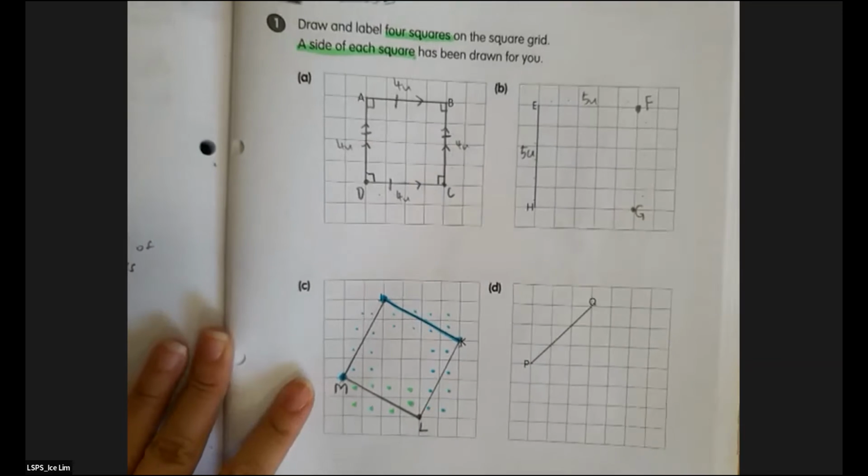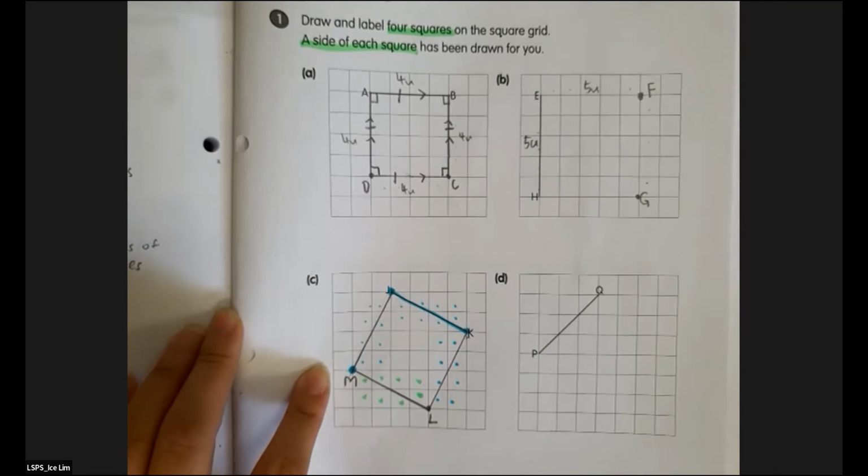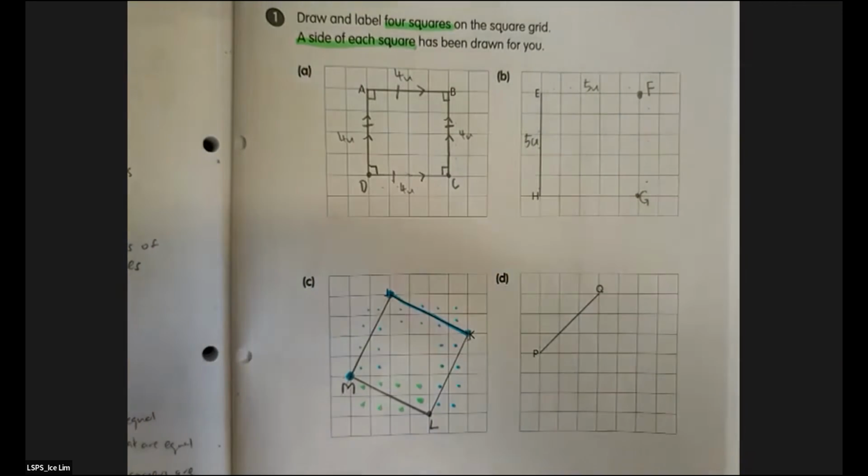All right. Now, I'm back at 169 for drawing of squares and rectangles. On page 169 is squares.